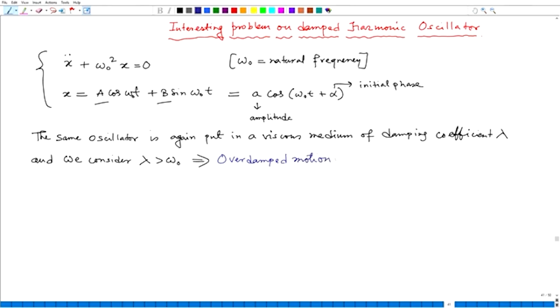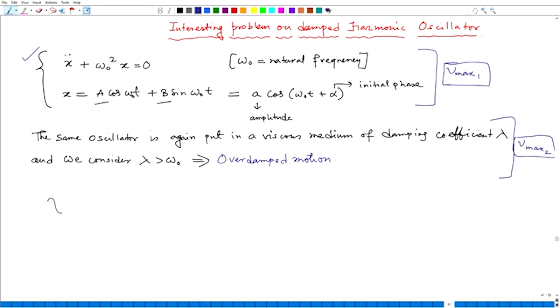In this problem, we will try to find the ratio between the maximum velocity in the first case and that of the second case. Let us say V max 1 is the maximum possible speed, in 1D it is just the speed, in the first case where the particle is freely oscillating, and V max 2 is the maximum speed in the second case.